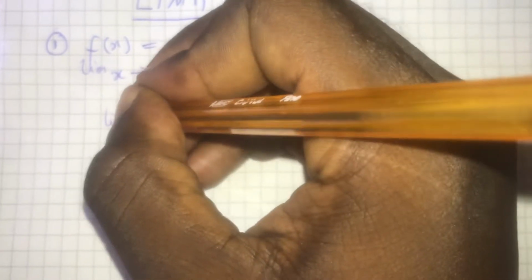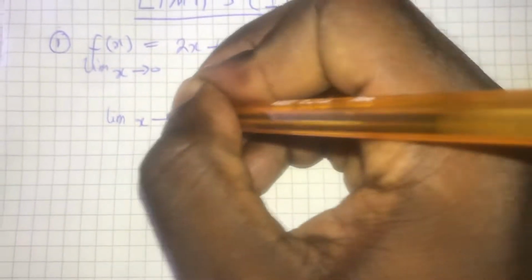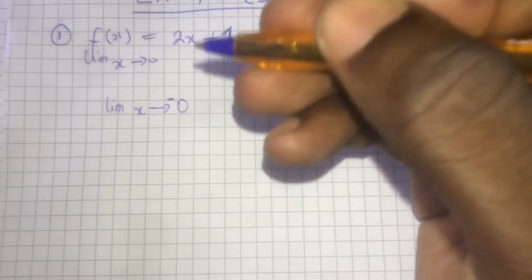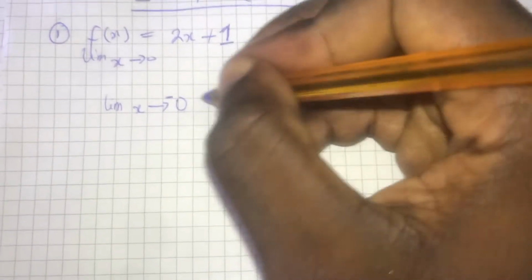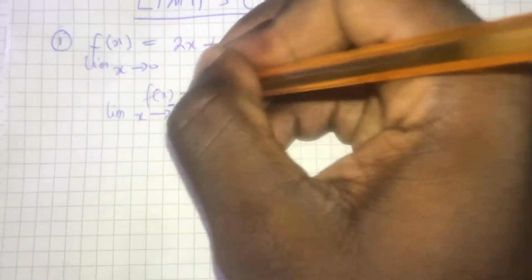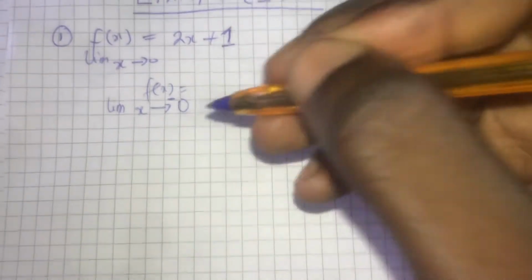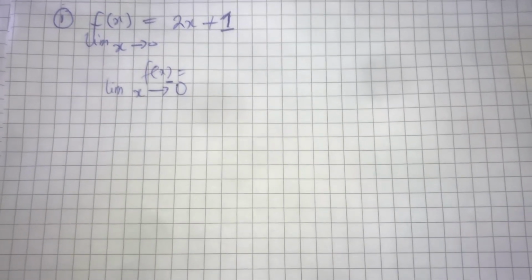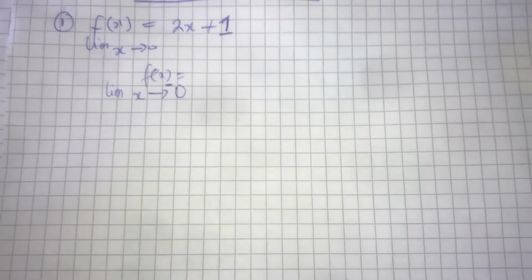Now, limit as x approaches 0 from the minus side, the minus means the left hand limit. So if we are approaching 0 from the left hand side, we meet values like minus 0.1, minus 0.001.